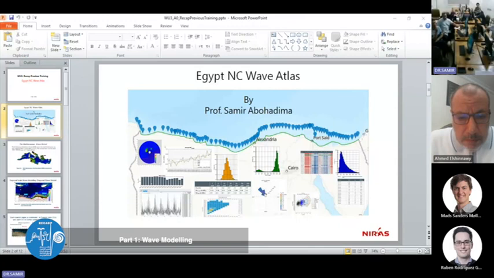And this regional wave model is divided into three main models. The first part is Matruh, the second is Delta, and the third is the North Sinai. So we have three regional scale wave models. The boundary condition of these three regional scale wave models is derived from the global wave model.